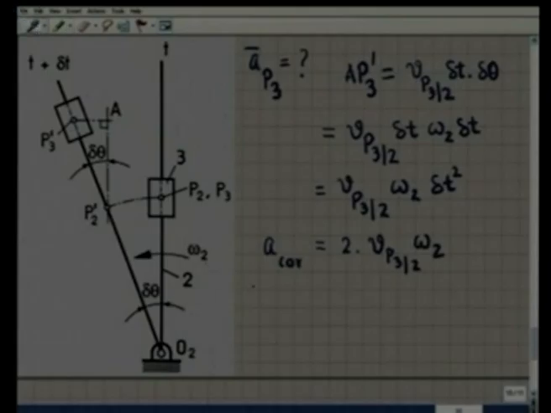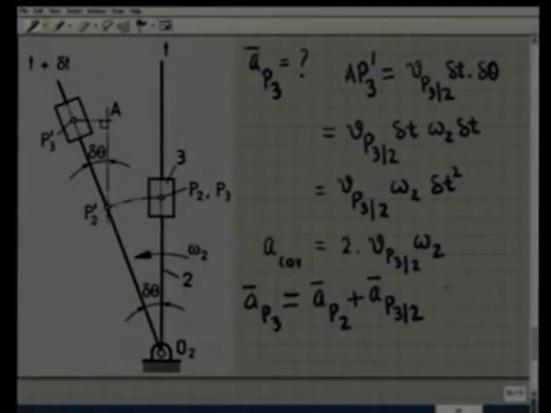As a result, we can write acceleration of P3 is equal to acceleration of the coincident point P2, plus whatever acceleration is along the slot which this observer sees for the point P3, that we denote by AP32, and the component which this observer misses, which is this A Coriolis, and that we can easily see by looking at the sign of the cross product twice omega 2 cross Vp32.